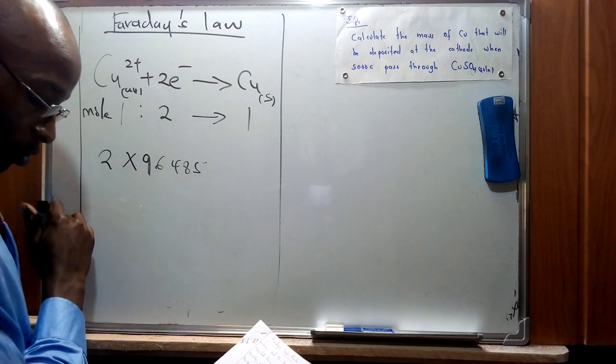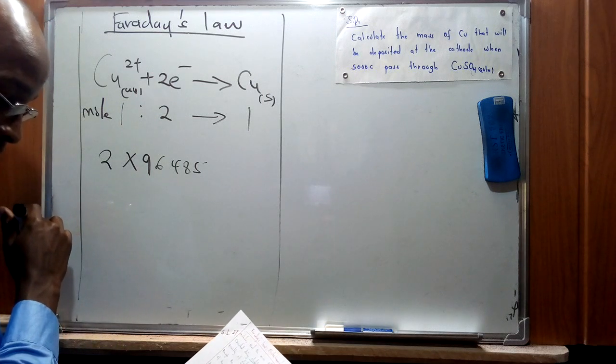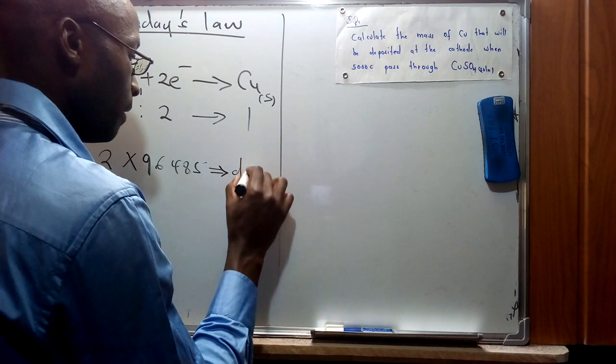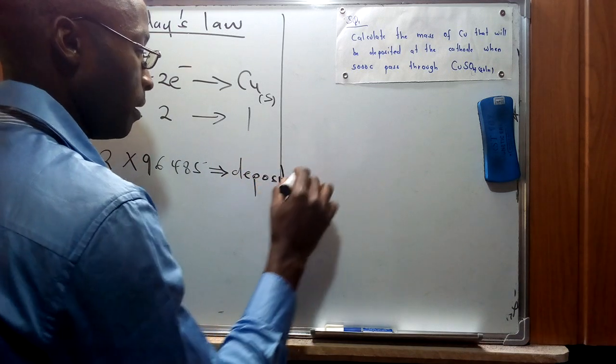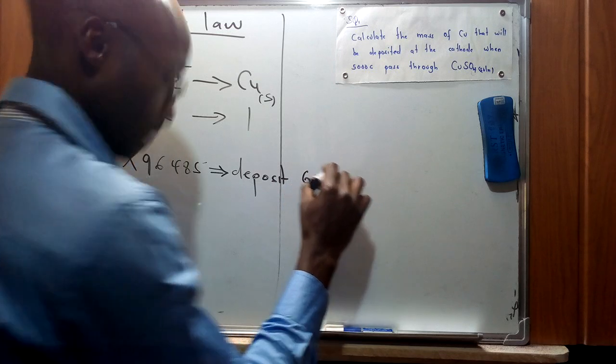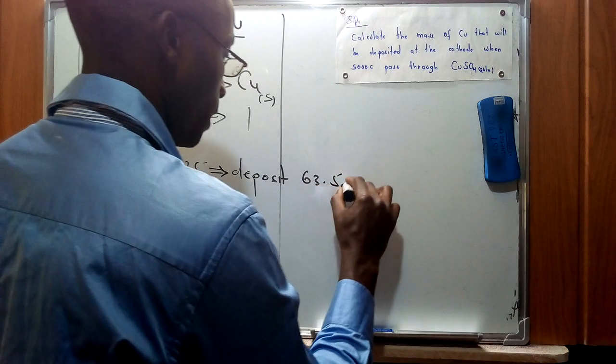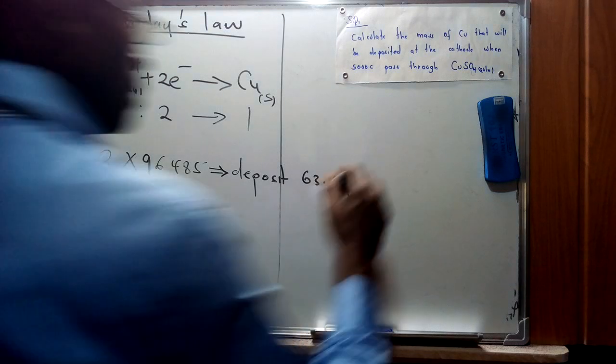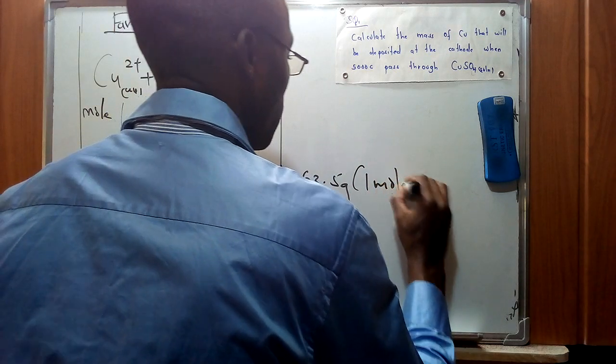So that will be the total charge. This is used to deposit 63.5 grams, the atomic mass for copper, which basically is 1 mole of copper.